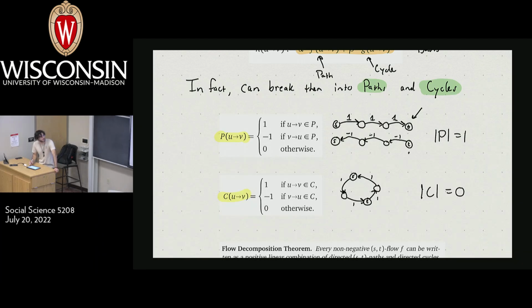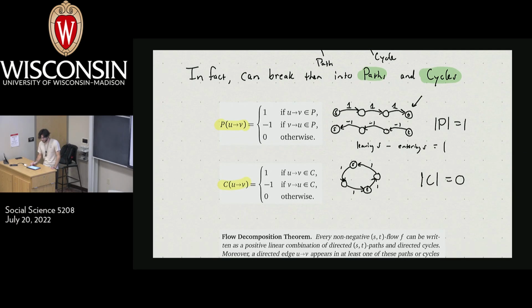The other one's a little weird, but the reason why it works is, remember, the value of the flow is the net amount leaving S. So it's the amount leaving S minus the amount entering S. So if the amount entering S is -1, this net change is still 1. It's just a little trick there to make it still work in either case.